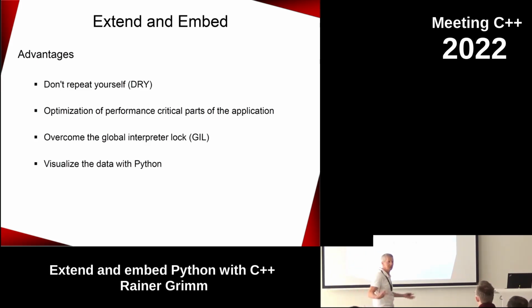Third use case for this stuff, and the first one is something I will give a presentation about in 3-4 weeks, which is also interesting. Assume you have big data and you have a lot of C functionality to read in the data and you want to visualize the data. Honestly, this is way easier in Python than in C++. You can use the Jupyter notebook or the REPL, and this is extremely convenient.